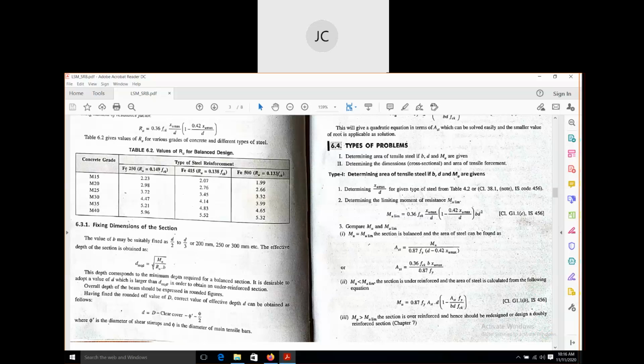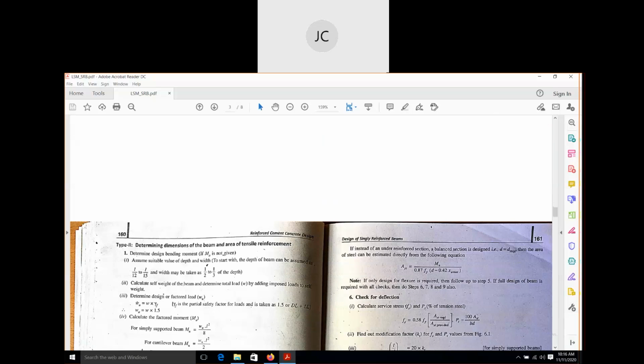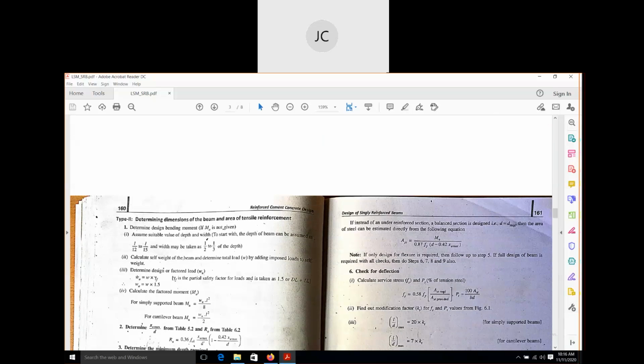Okay, so let's go to the last class numerical. Just now, whatever problem I have shown you, you can see here. I will share the notes with you just after the class. This one also I will share with you. In this example, in this YouTube video, you have seen that they have assumed a suitable depth to width ratio.